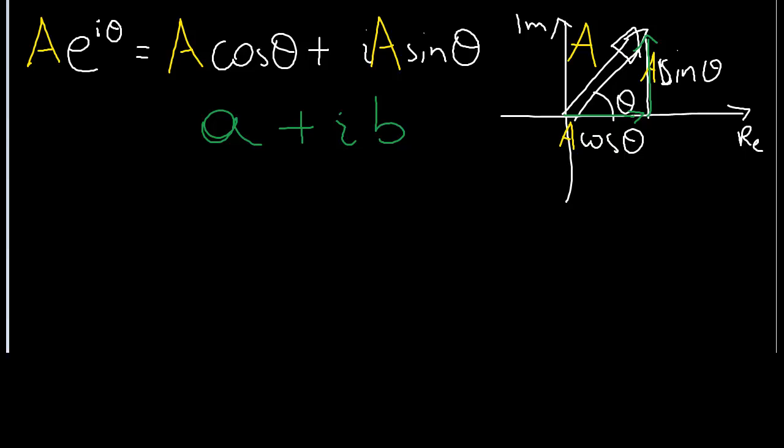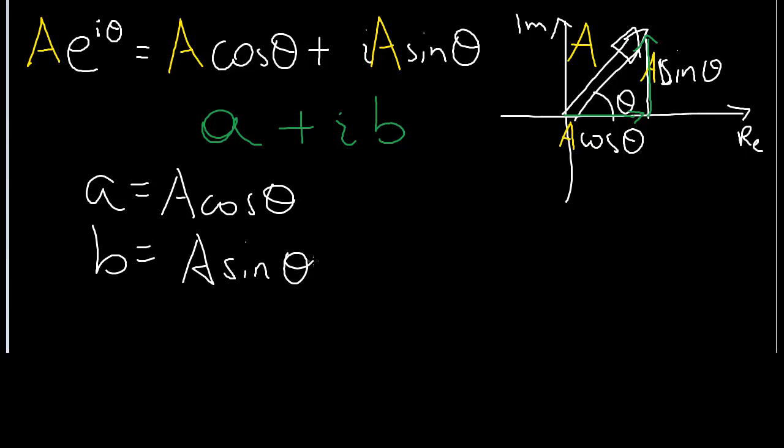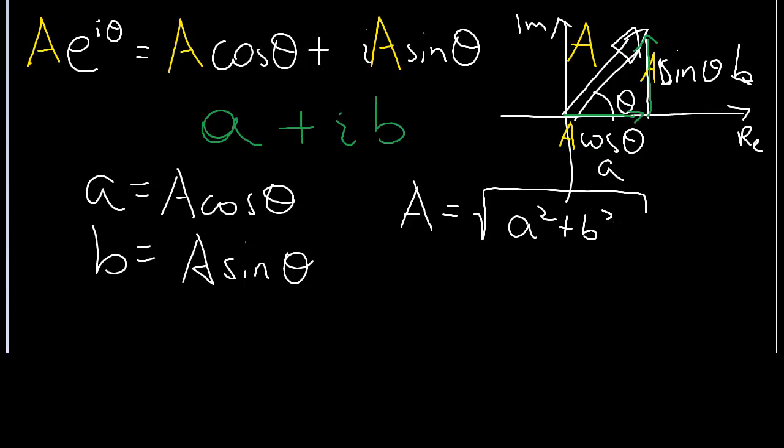Let's switch back to the right color. So just reading this off, very obviously we have a is equal to A cosine theta, and b is A sine theta. Very, very simple stuff. To go the other way, to get the magnitude, we would call upon Pythagoras, so that's the square root of a squared plus b squared.